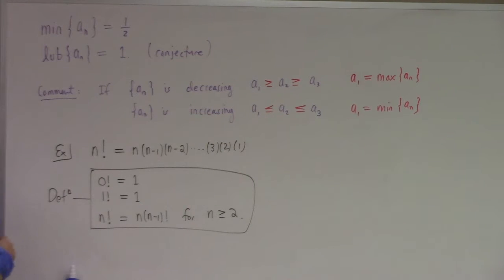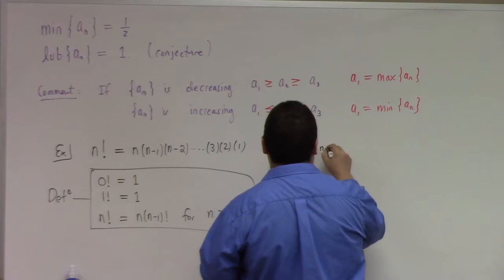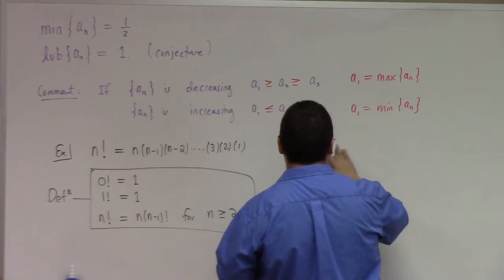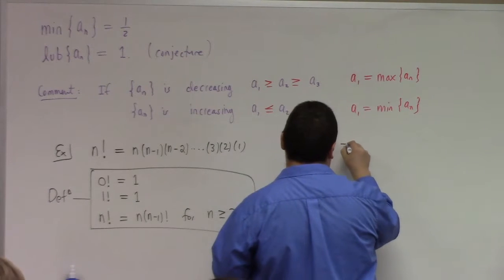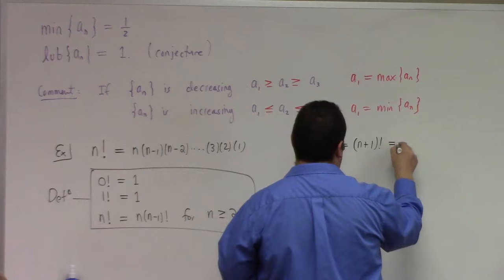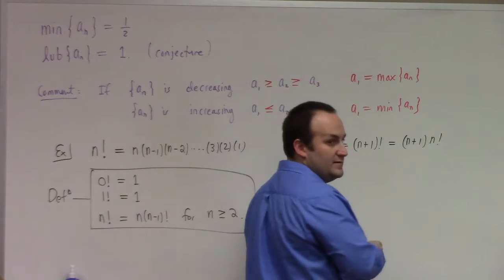Okay? So we can easily show that the factorial is increasing, right? Suppose that a sub n plus 1 is (n plus 1) factorial. Well, by definition, that's (n plus 1) times n factorial, right?